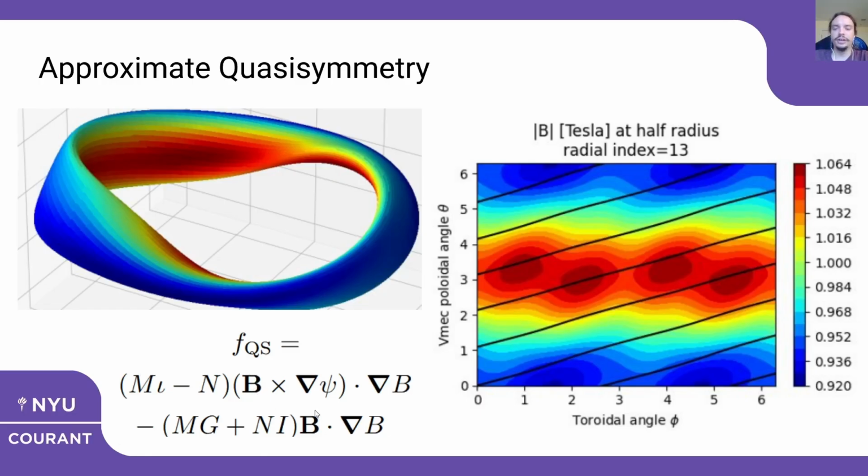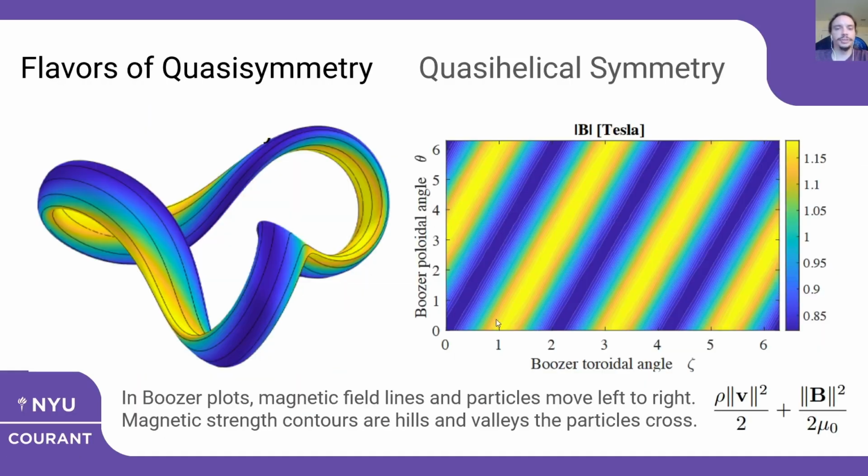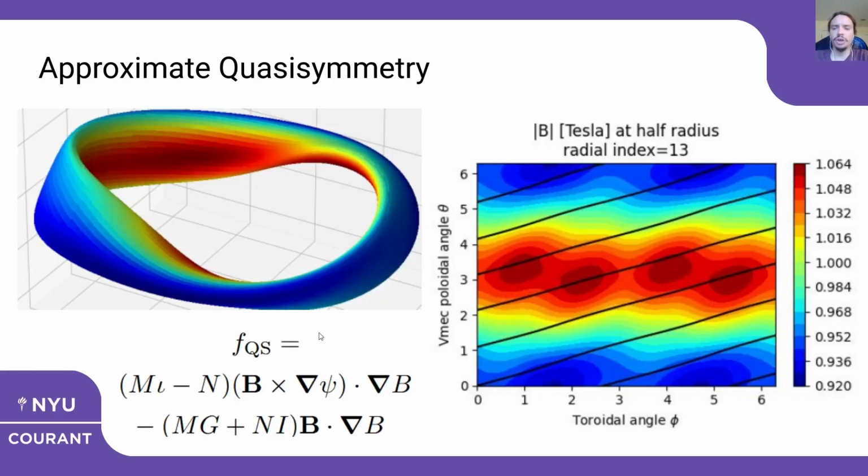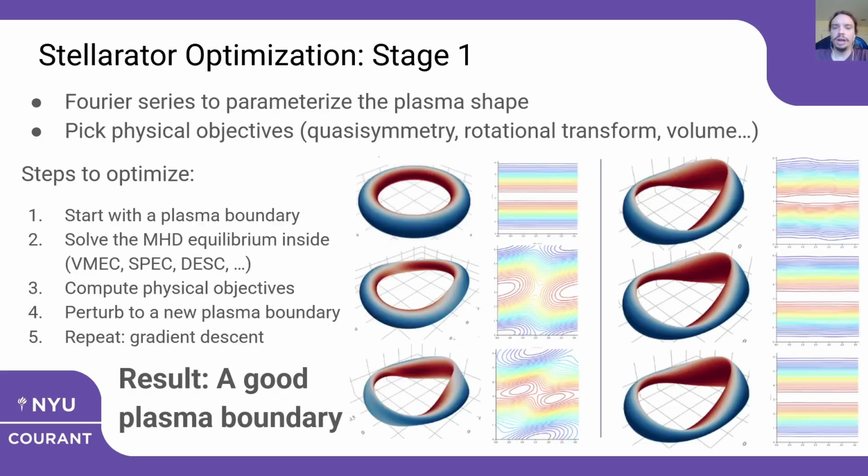B is our magnetic field, psi is our flux coordinate in Boozer coordinates, m and n are the slope of quasi-symmetry. Okay, so one of them is the horizontal, and one is the vertical. So I guess it's n over m is the slope. Iota, G, and I are also related to the plasma. We don't need to worry so much about the formula, but what we do want to do is use this formula to actually use computational optimization to design our quasi-symmetric stellarators.